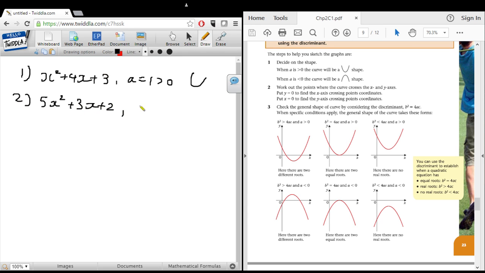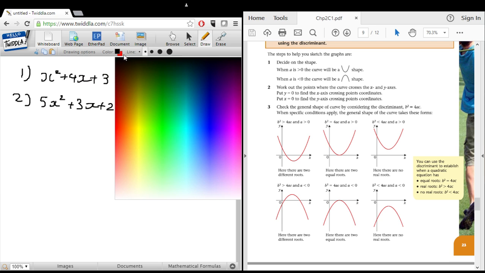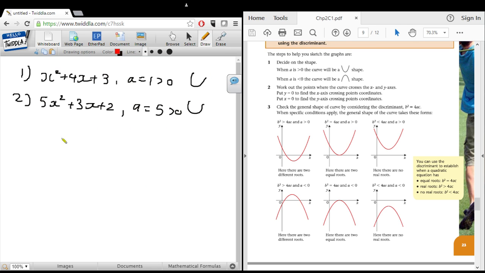Here a is 5, which is greater than 0, so it gives that U. How about this question? If we had minus 6x squared plus 3x plus 1, then a here is minus 6, less than 0, so we're going to have this N shape.